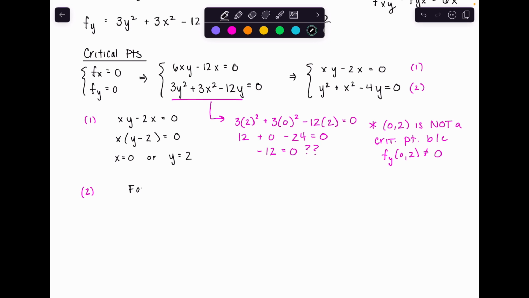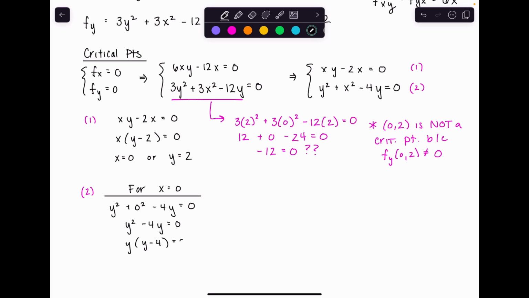So I'm going to start with the first case, x equaling 0. Plugging that into equation 2 gives me y squared plus 0 squared minus 4y equals 0. Well, that's just y squared minus 4y equals 0. And then I can go ahead and factor out a y.